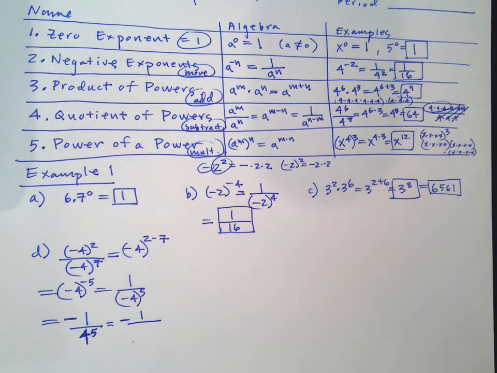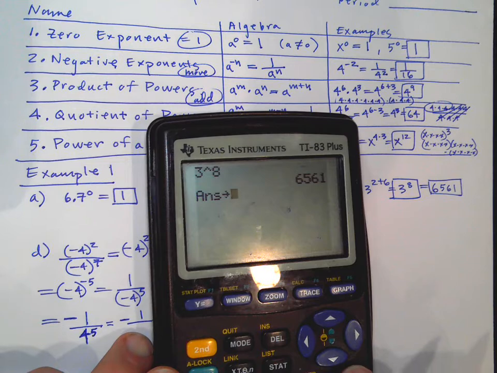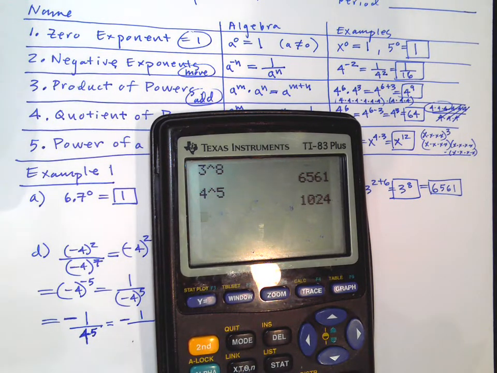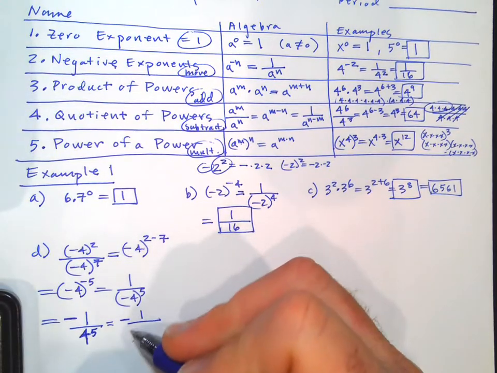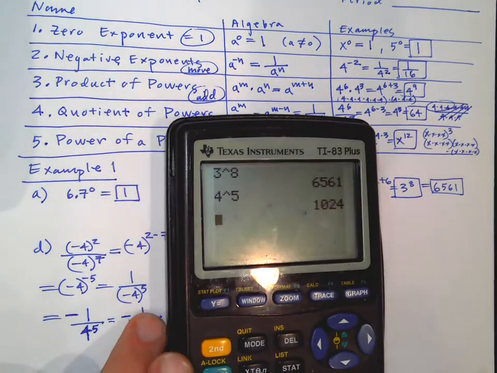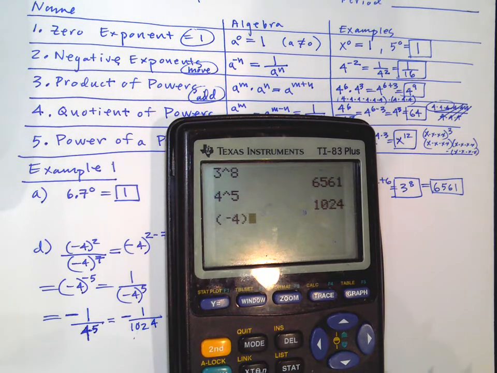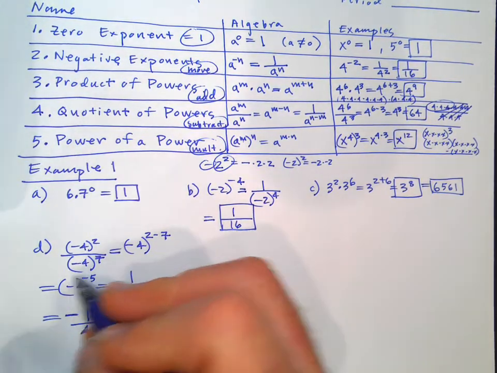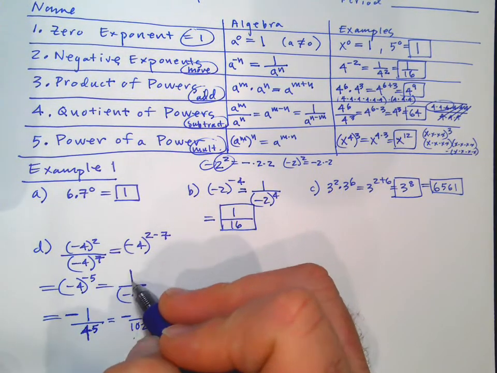So on my calculator, I could do 4 to the 5th power. That's 1024. In fact, I could have done -4, you've got to put parentheses around it, -4 to the 5th power, and it gives you the negative. But it's in the bottom. When you move it to the bottom and there's nothing on top, you've got to put a 1.